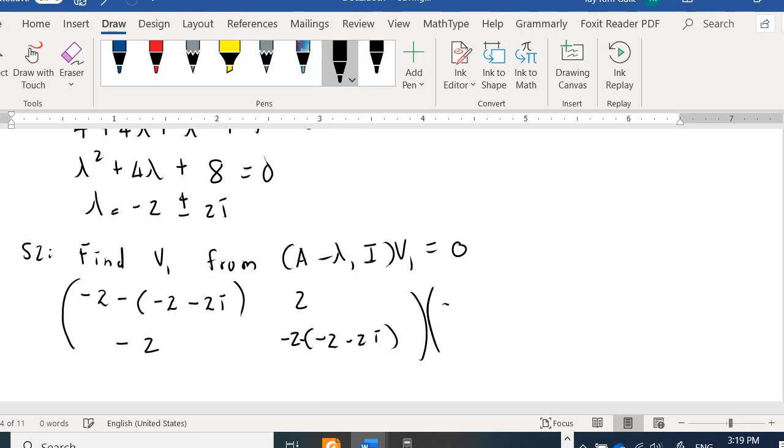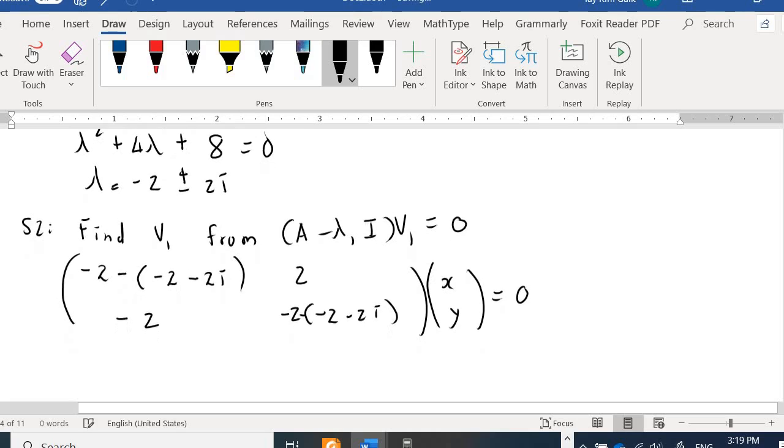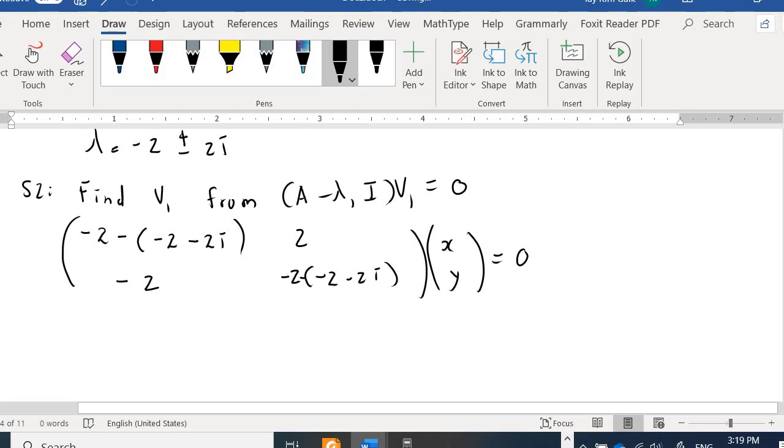V1, let equal to x, y, equal to 0. So negative 2 minus negative 2 becomes negative 2 plus 2, so you get 0, and negative of negative 2i gives positive 2i. So this is negative 2, this is 2. Again, this one is also the same.